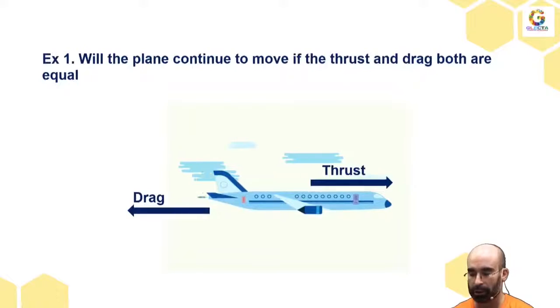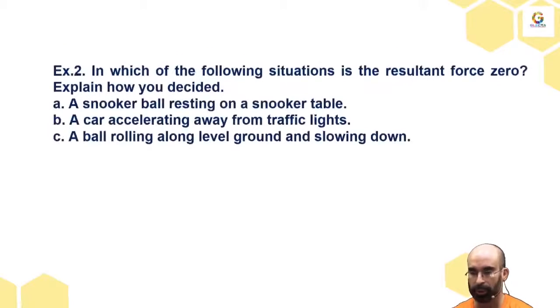Now look at another situation. Can we figure out in this question, in which of the following situations is the resultant force 0? Explain how you decided. A, a snooker ball resting on a snooker table. B, a car accelerating away from traffic lights.